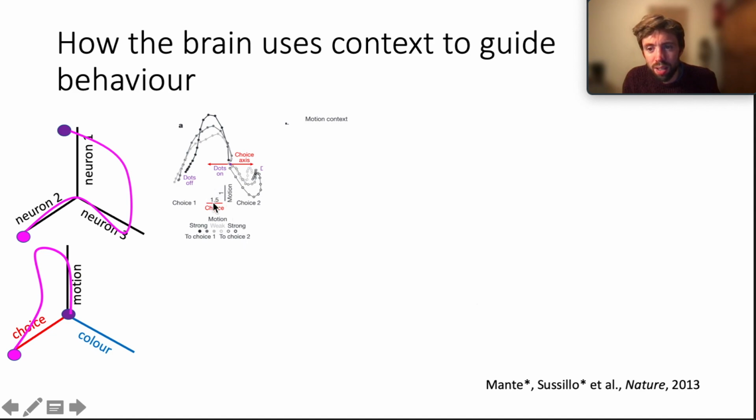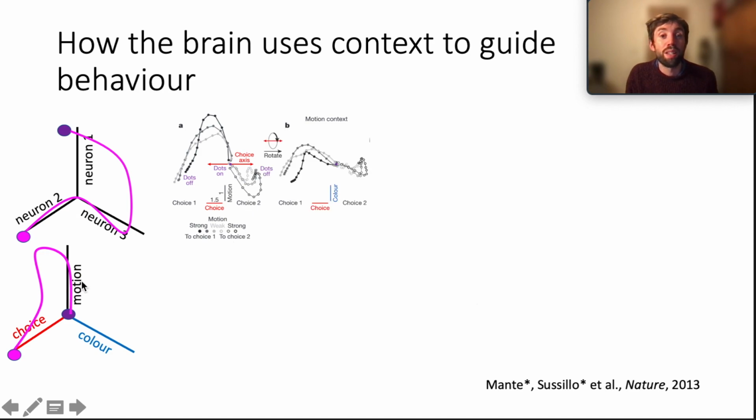And we can see here that strong motion stimuli in this particular direction lead to this big increase in activity along the motion axis, which gradually leads towards a positive choice in this direction. In contrast, a strong motion stimulus in the other direction leads to a decrease in this motion axis, followed by a choice in the other direction.